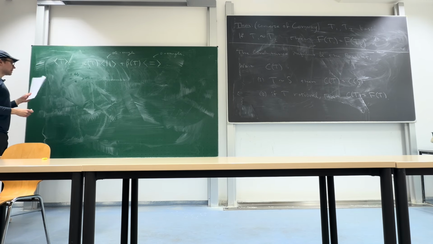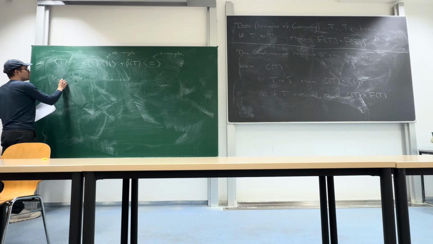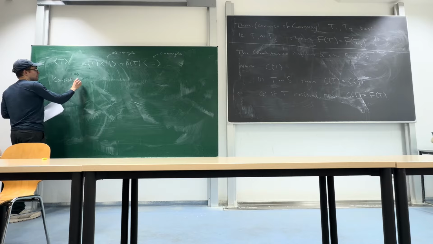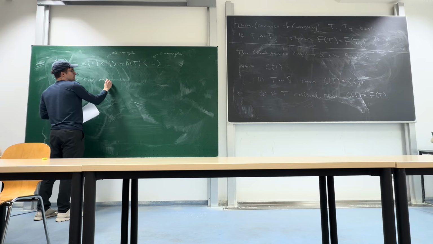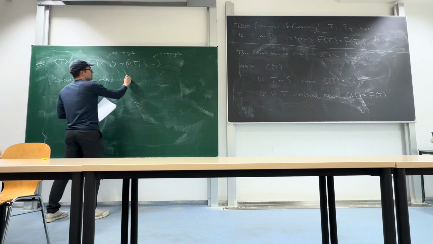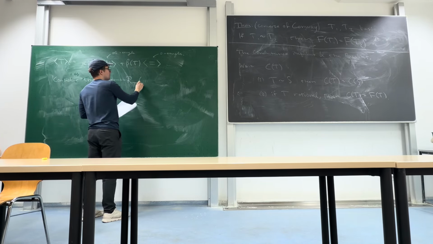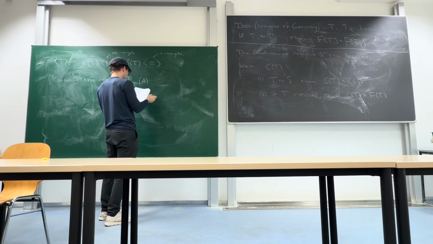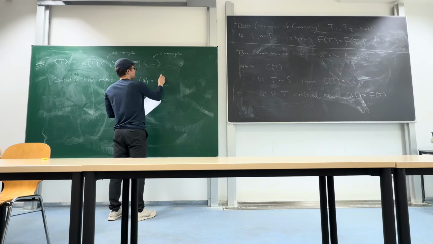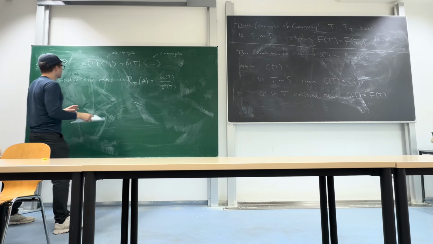And so now we're going to consider a specific ratio. We're going to define R_T of A. This is a rational expression of polynomials in A. We're just going to divide alpha T by beta T. Cool.